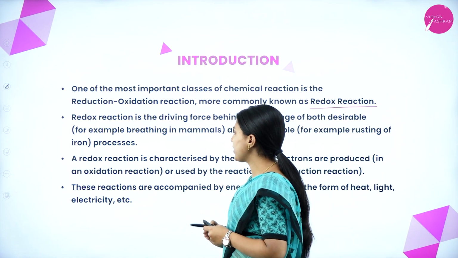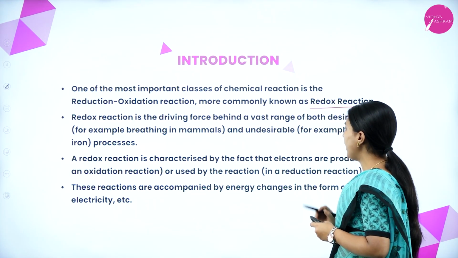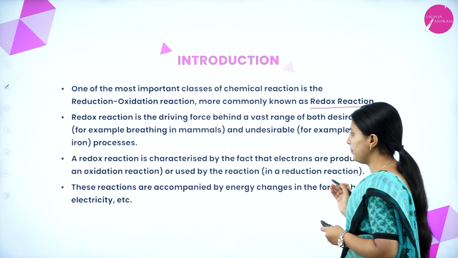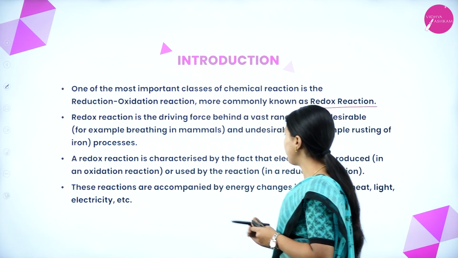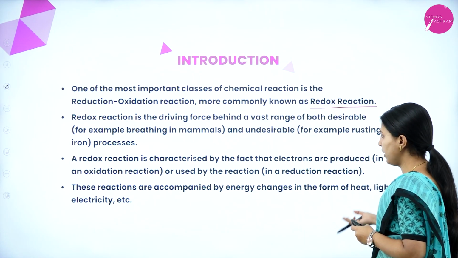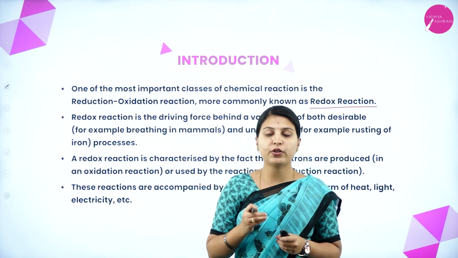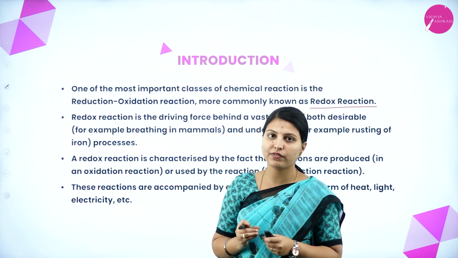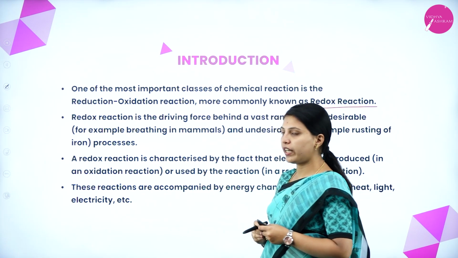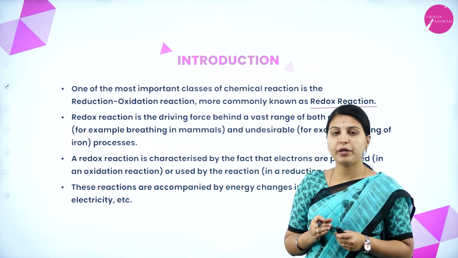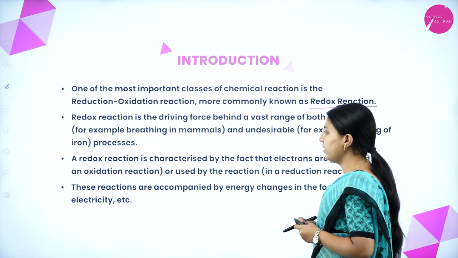A redox reaction is characterized by the fact that electrons produced in an oxidation reaction are used by the reaction in a reduction reaction. What is the characteristic of redox reaction? There electrons will be produced. Where will electrons be produced? In the oxidation reaction. Where will those electrons be used? In the reduction reaction.